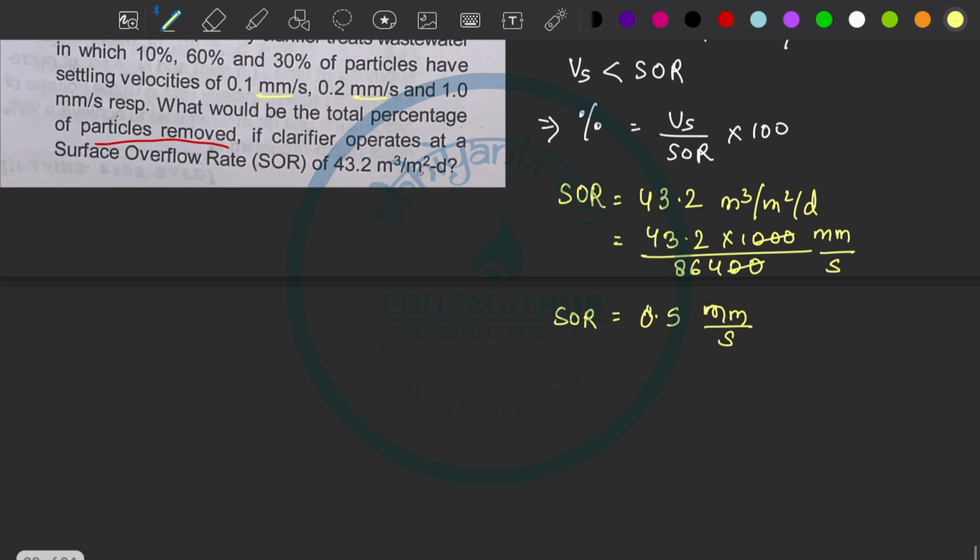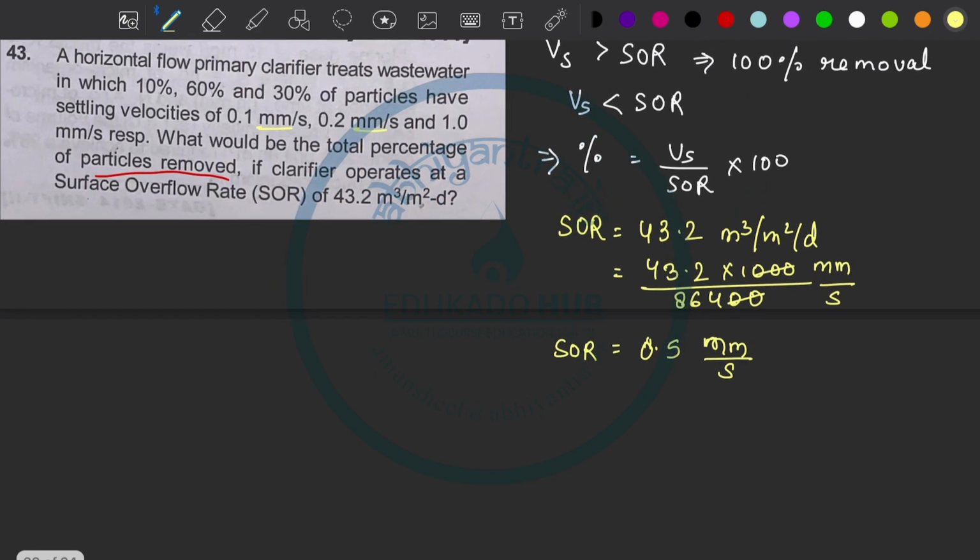The question is, what would be the total percentage of particles removed?